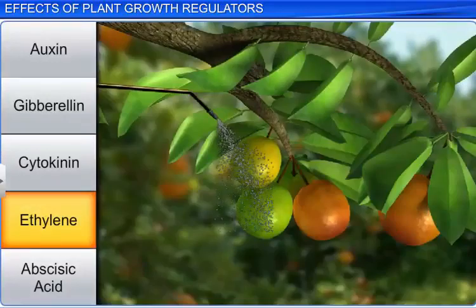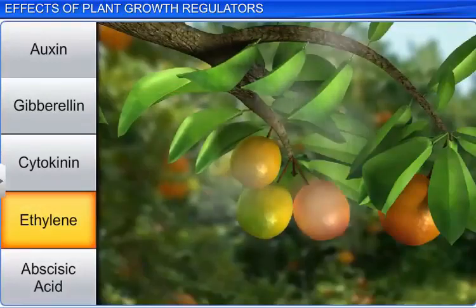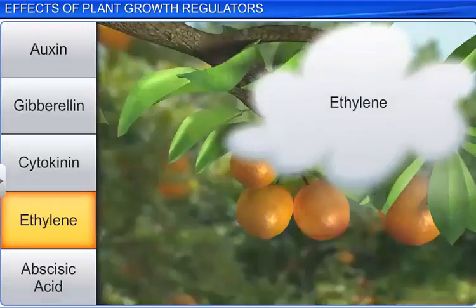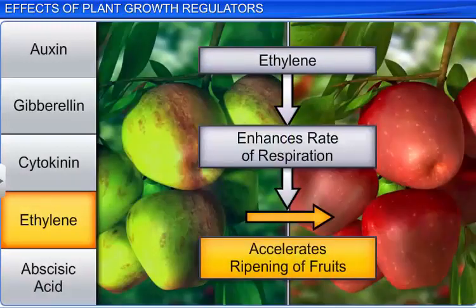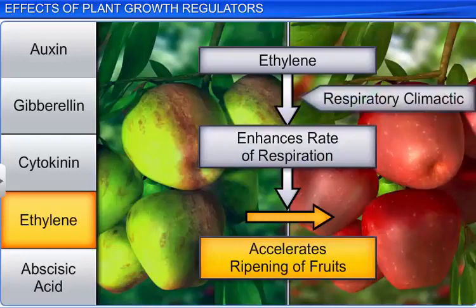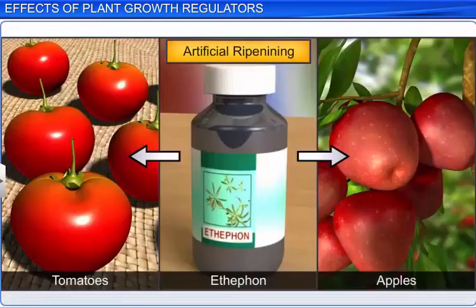Ethylene gas is released from the absorbed ethephon, which accelerates the ripening of fruit by enhancing the rate of respiration and is called respiratory climacteric. This property is used in the artificial ripening of tomatoes and apples.